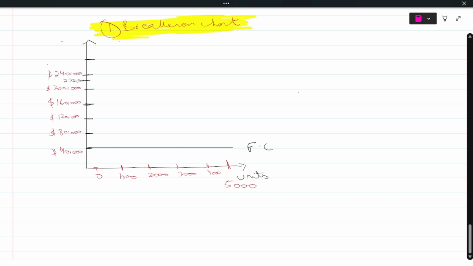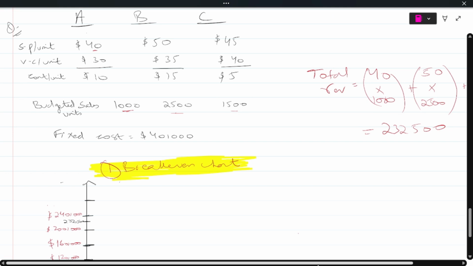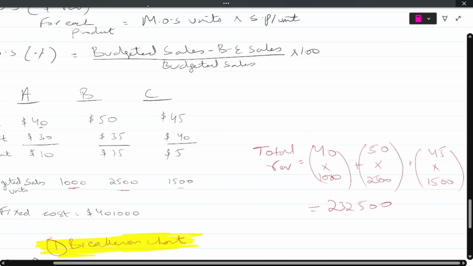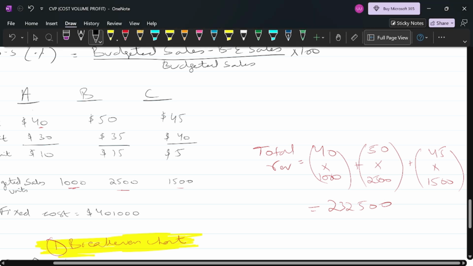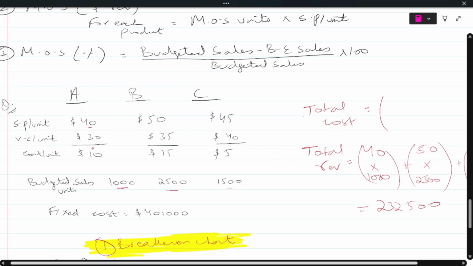Clear? Now we have to draw the total cost line. Now remember, the total cost is going to be for all the 3 products because you are drawing the break-even chart for multi-product, okay? So you're going to take the total cost. Now, how do we take the total cost? When it says total cost, remember that it has to be the variable cost plus the fixed cost.